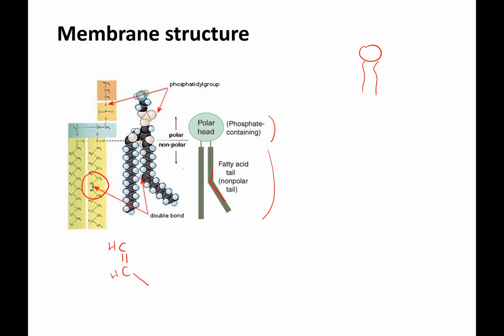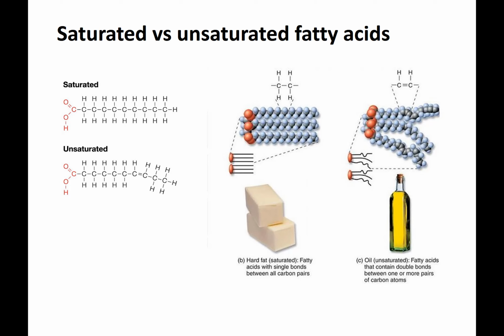So let's look at this a little bit more in depth. If you remember back to chapter 3, which is your macromolecules, we talked about saturated and unsaturated fatty acids. So fatty acids are just long chains of carbon with hydrogens all around them. Carbon plus hydrogen.